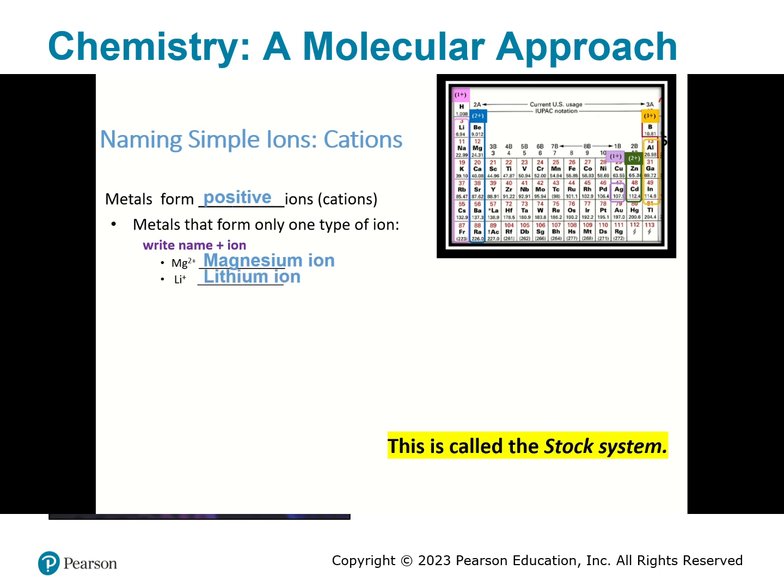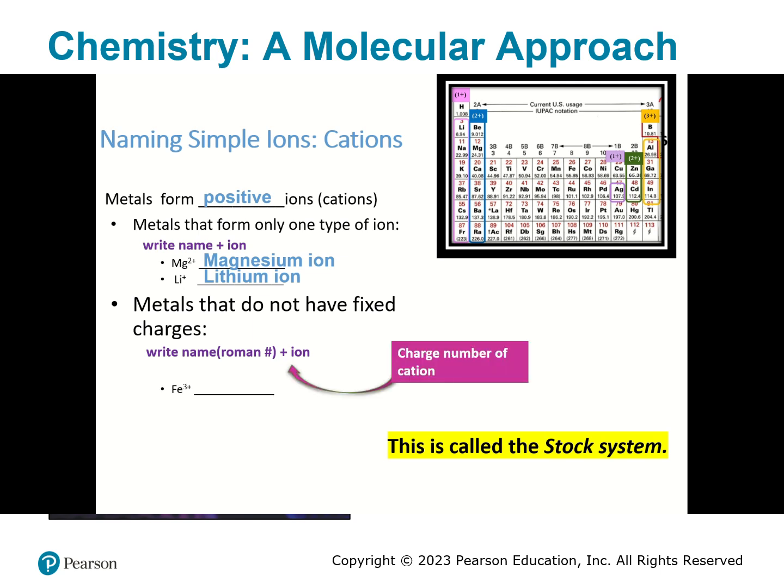Lithium will be lithium ion. But for metals that don't have a fixed charge, most of the transitional metals, we write the name, the charge in Roman numerals, plus ion, like iron. With a charge of 3, it will be iron(III) ion. And then we have cobalt(II) ion. We call this the Stock system, and you need to indicate the charge in those cases.